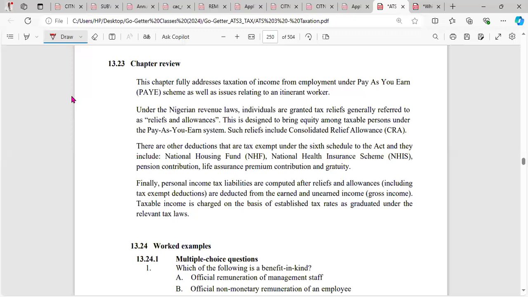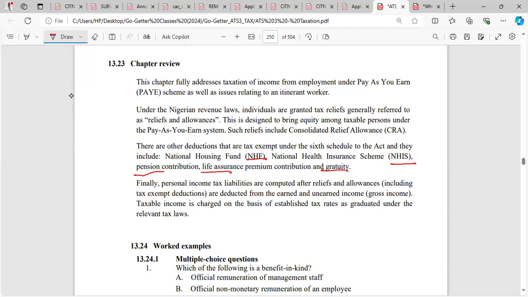That's it. We are also told that there are other tax exempt items such as National Housing Fund, NHF, National Health Insurance Scheme, and we have pension contribution, life assurance, gratuity. All these are tax exempt items that you need to deduct before you get your gross income.